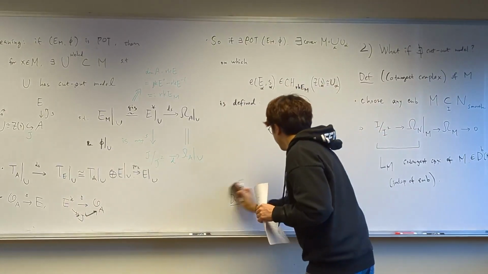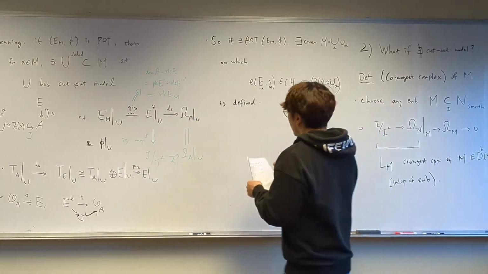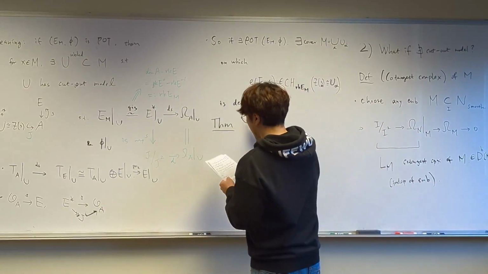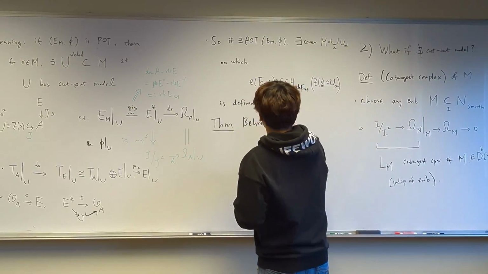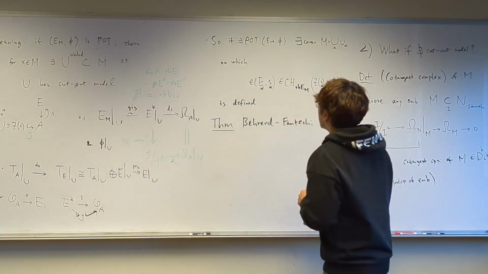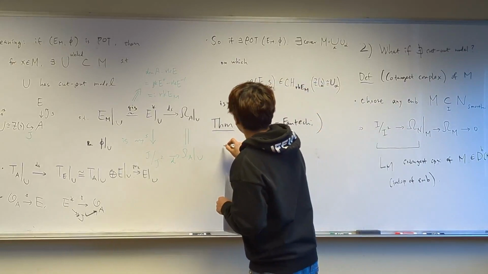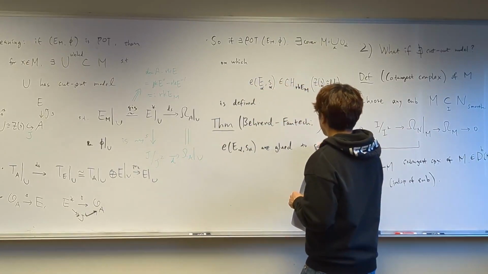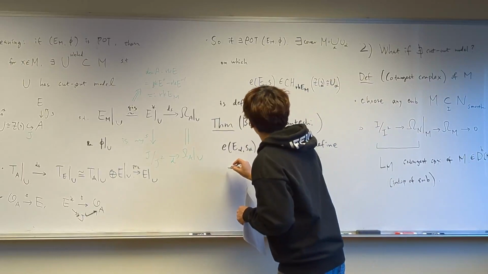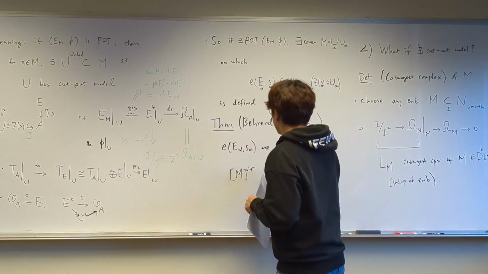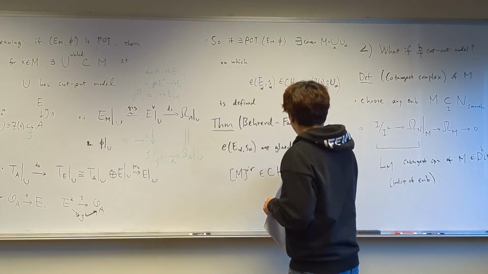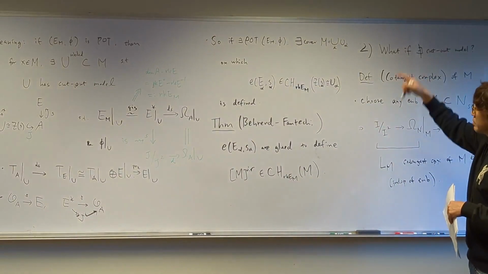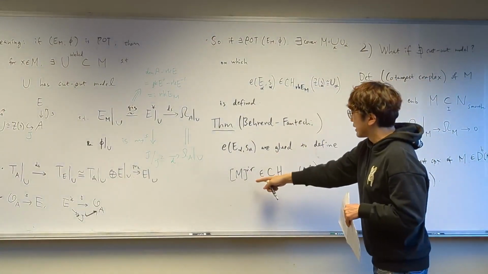Then what Behrend-Fantechi did, or by an independent, different method, Li-Tian also proved a similar thing, but Behrend-Fantechi defined the virtual cycle from a perfect obstruction theory in this way.